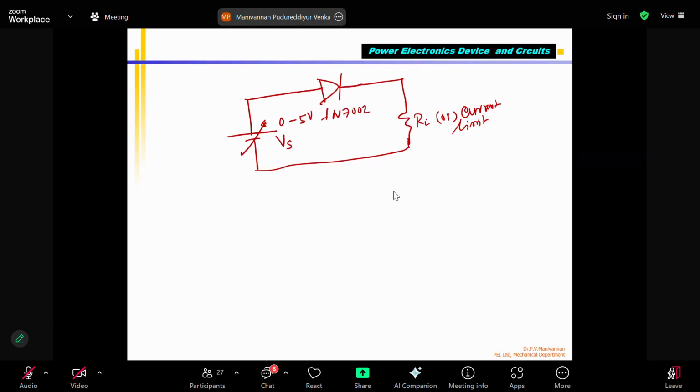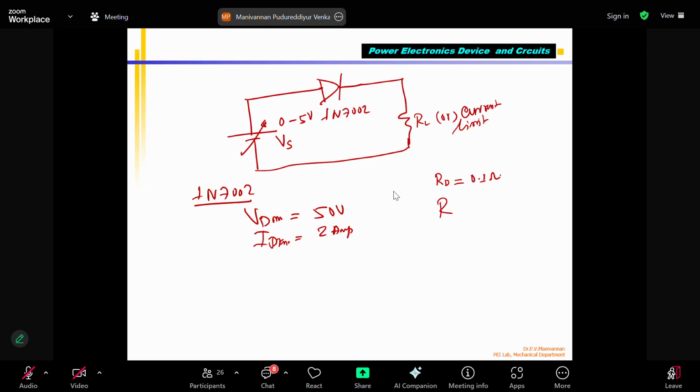Then how will you select the RL value? We know that for this diode, 1N7002, VD max is, as I said, 50 volts, and ID max equals 2 amps. This is called RL, the load resistance. Please note that my RD during the conduction state is 0.1 ohms.